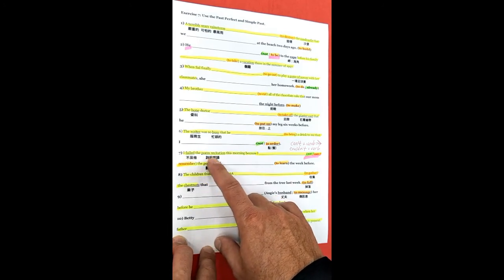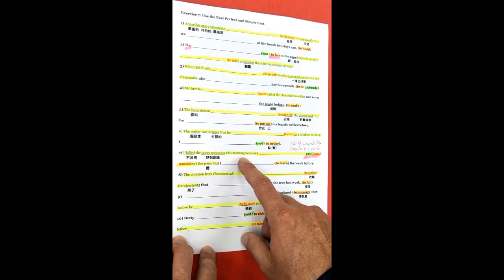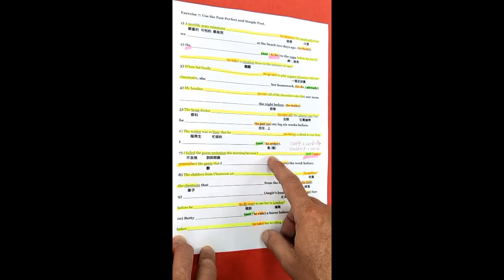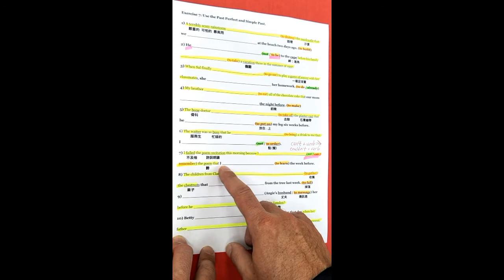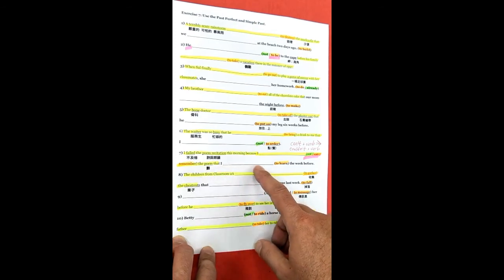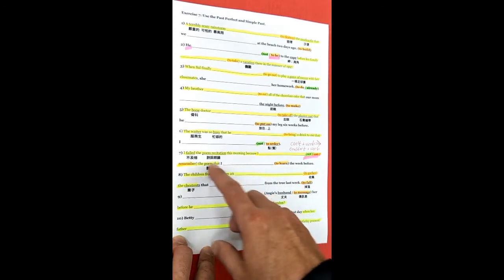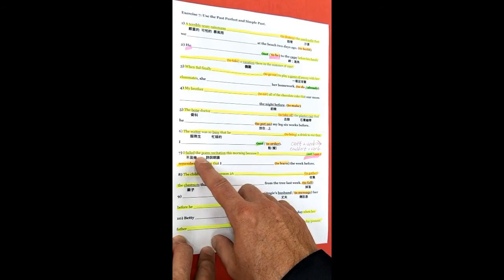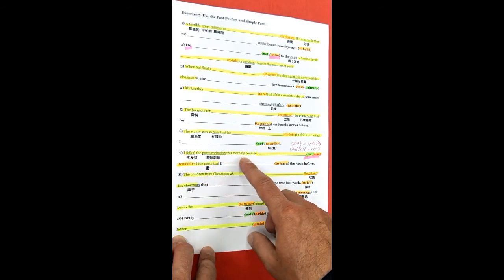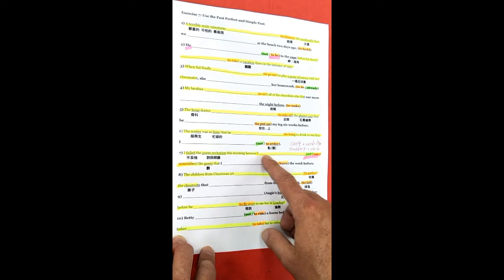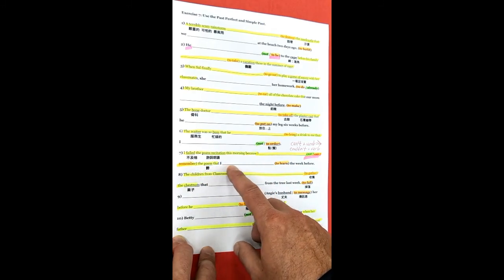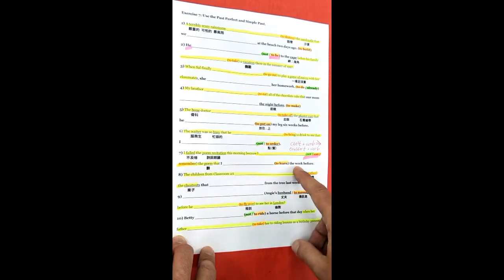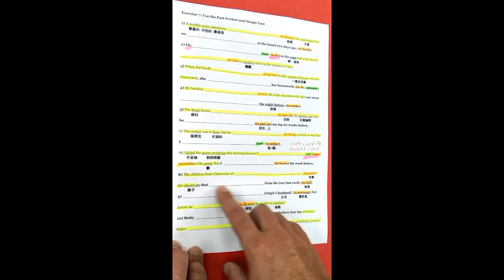I failed the poem recitation this morning because I couldn't remember the poem that I had learned the week before. In the UK: learnt the week before.